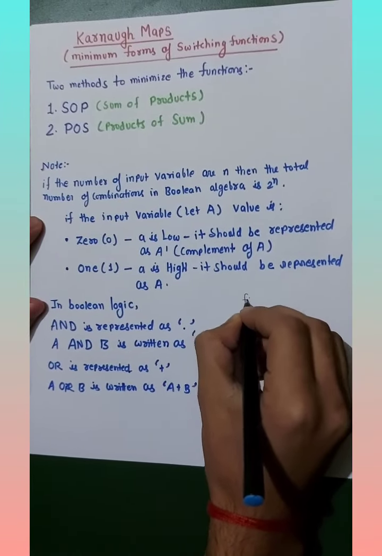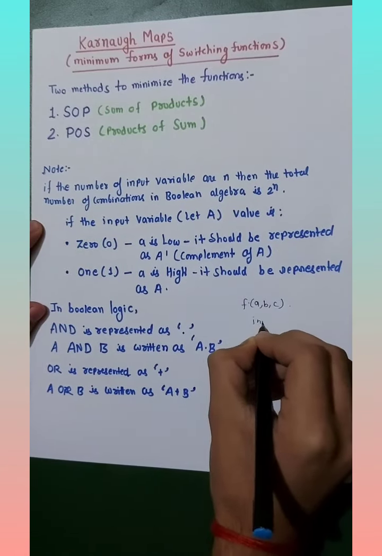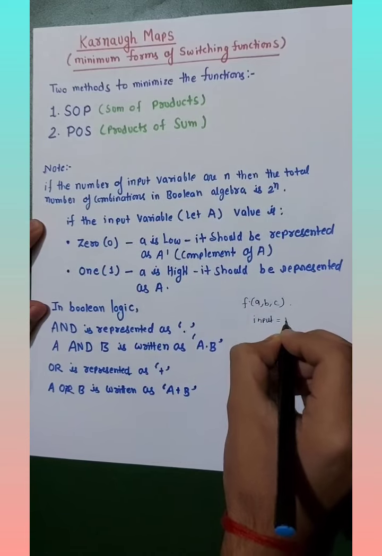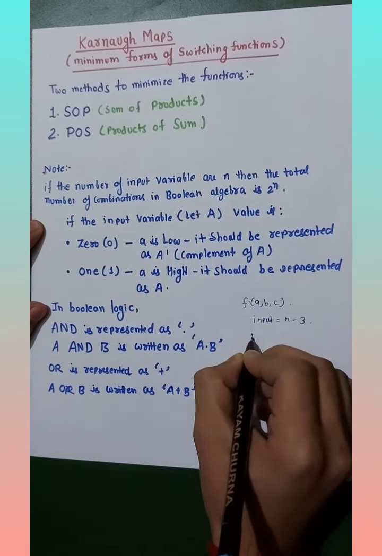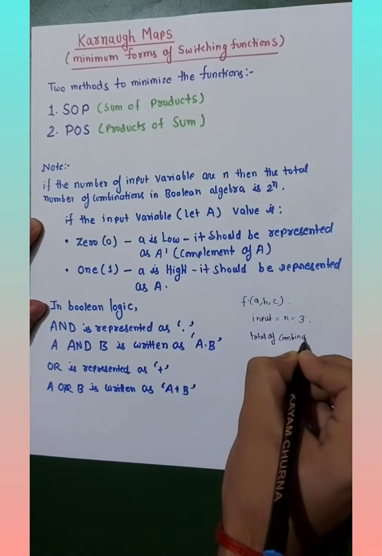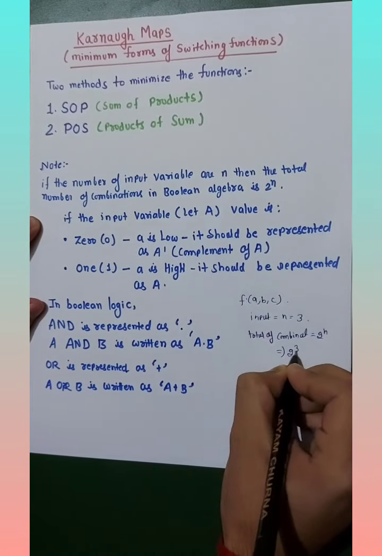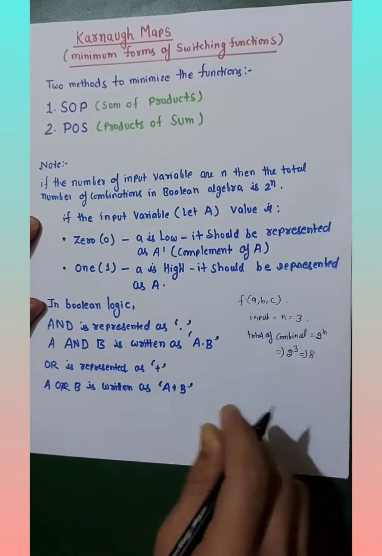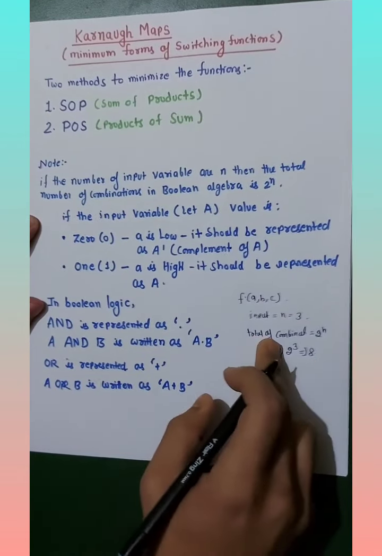Suppose a function is given with inputs a, b, c, in which n equals 3, then the total number of combinations possible is 2 to the power n. So we get 2 to the power 3, which is 8. So we have 8 combinations we can get from 3 inputs.